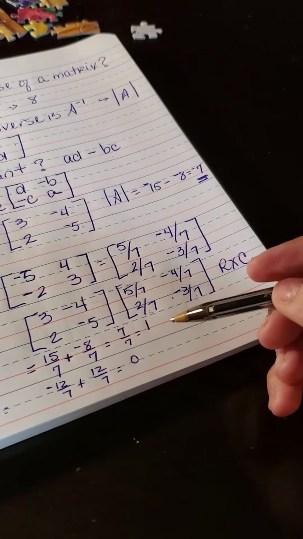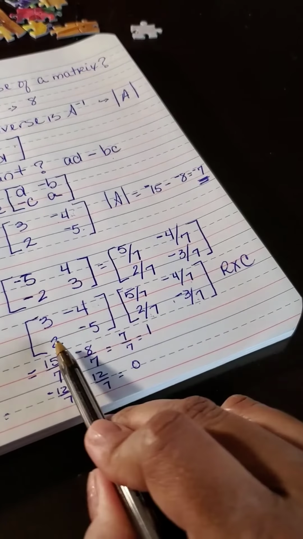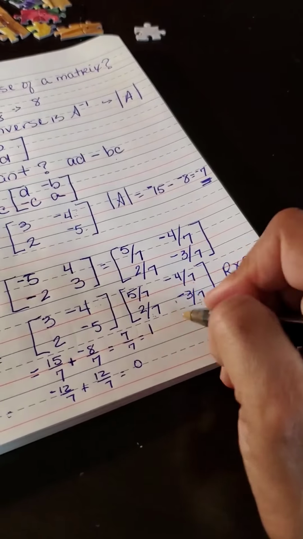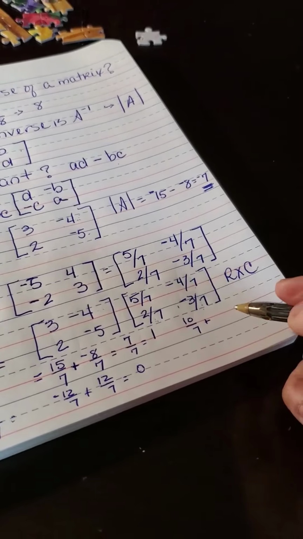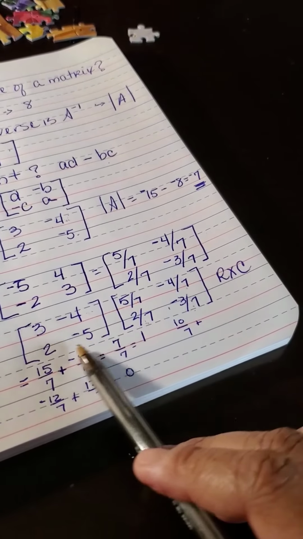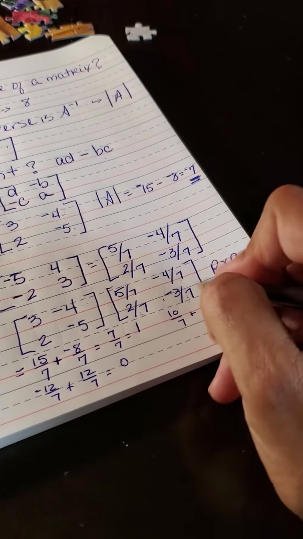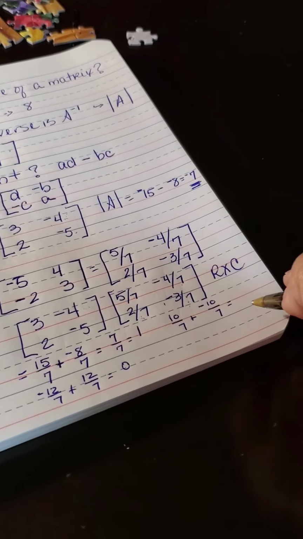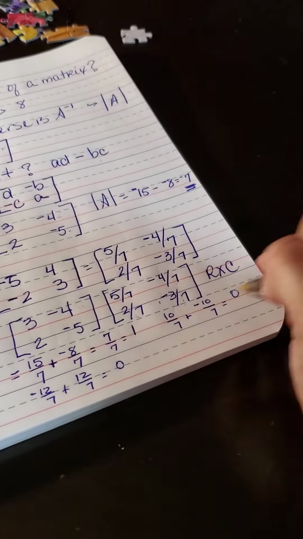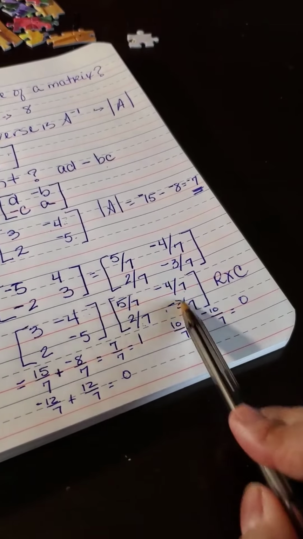Okay? And then we start this row by this column. So 2 times 5/7 is 10/7. And negative 5 times 2/7 is negative 10/7. Wow. 0 again. Okay. And this row by this column.